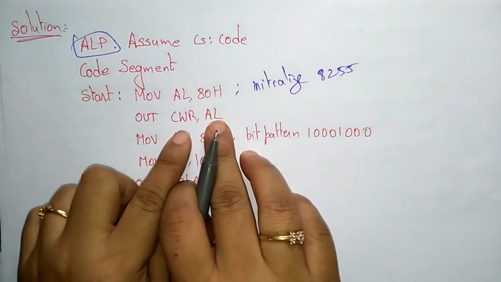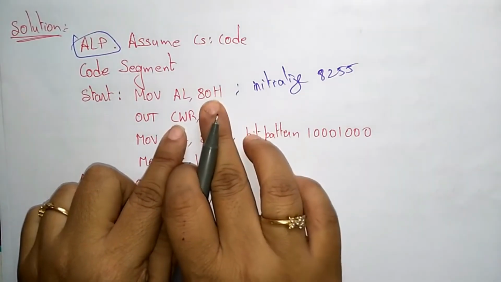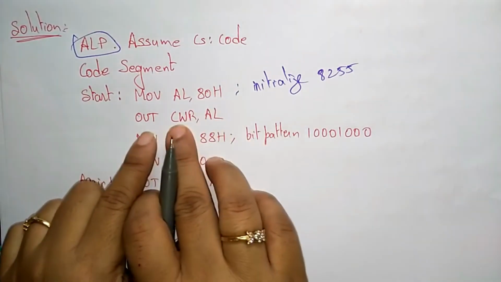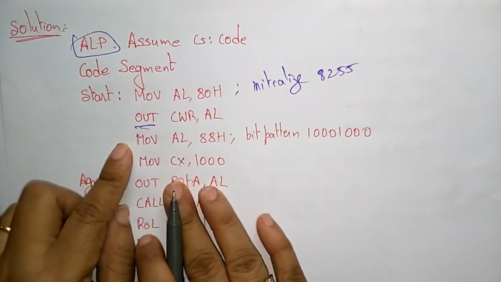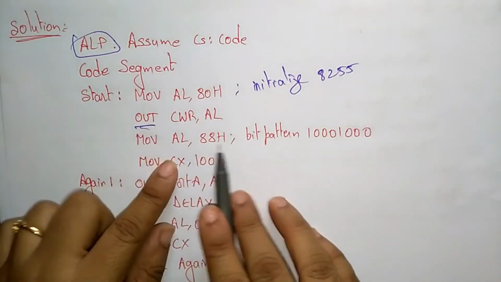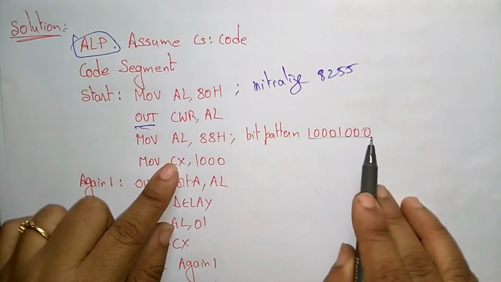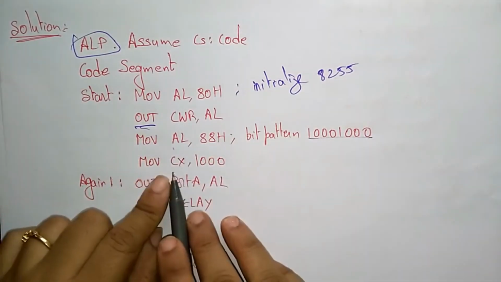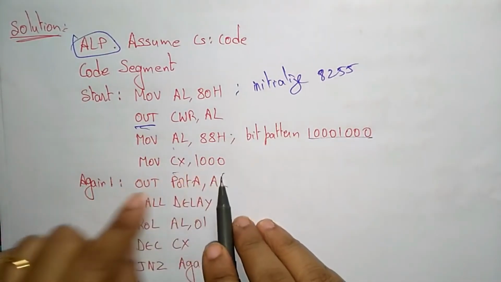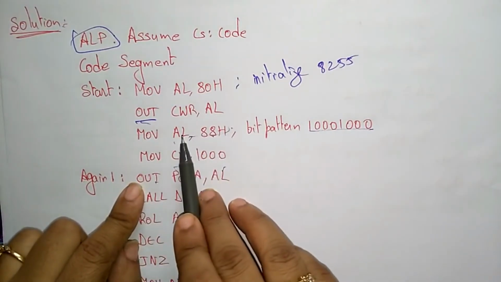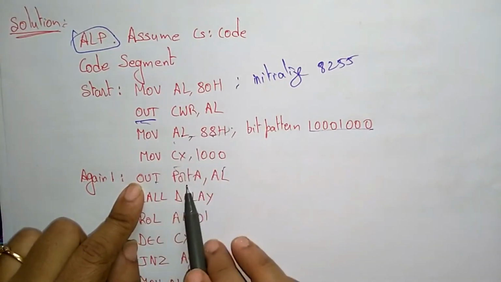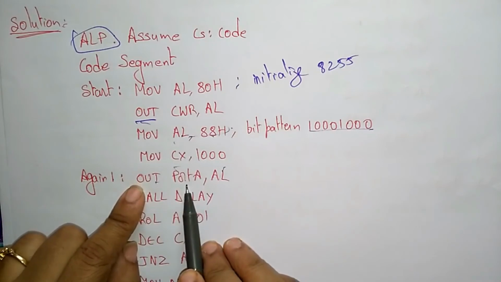The 80H is a control word that will be placed in the control word register with the help of the OUT command. Now move AL, 88H. This is the bit pattern that is moved to the AL register, and the count we are taking is 1000.